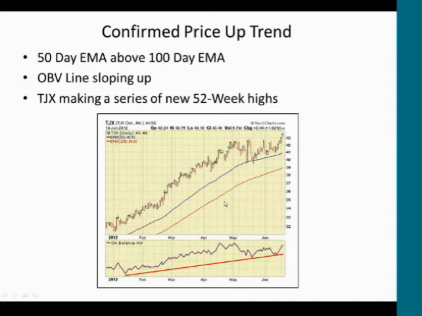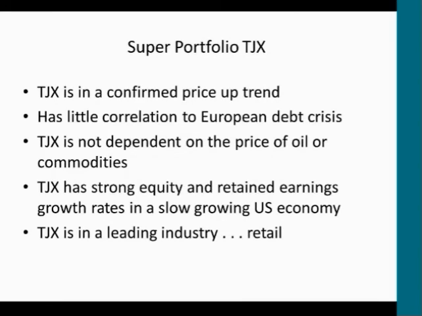So TJX is in a confirmed price uptrend, has little or no correlation to the European debt crisis, is not dependent on the price of oil or commodities, and it has strong equity and retained earnings growth rates despite the slow-growing U.S. economy. And TJX is in a leading industry, retail.